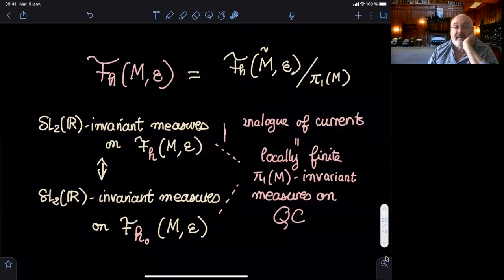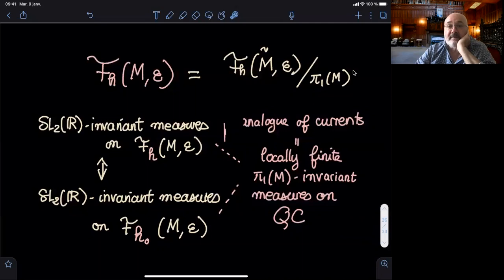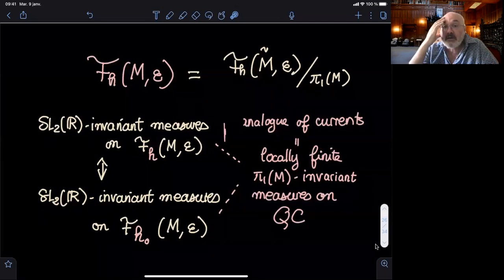It's not at all clear to me that this should have a continuity property. I'm sorry, I don't have any idea whether this has a continuity property or not.